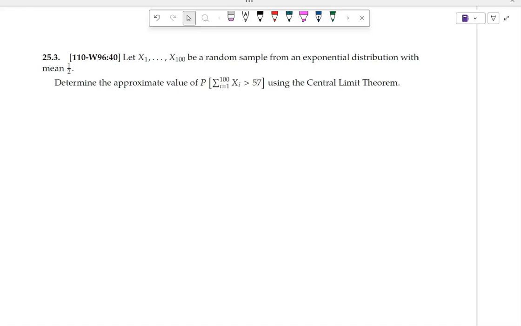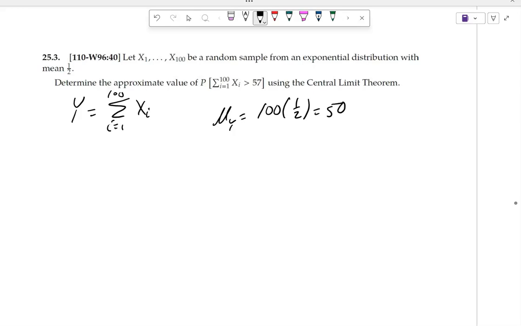So if I use y to be the sum of the x's, then what's the mean? 100 times... Good. Because they tell you the mean of each of the distributions is a half. That had nothing to do with it being exponential, right? The next part does.